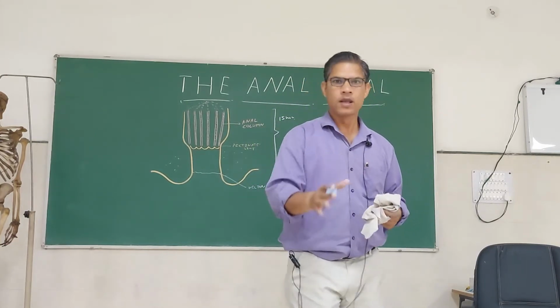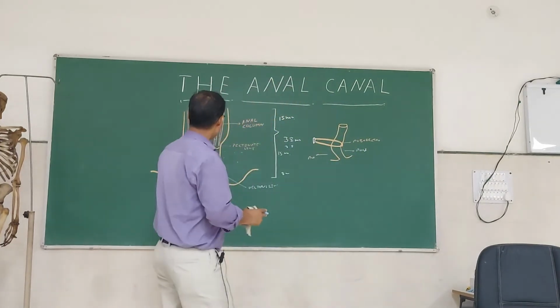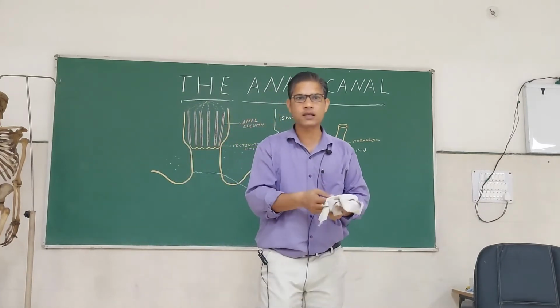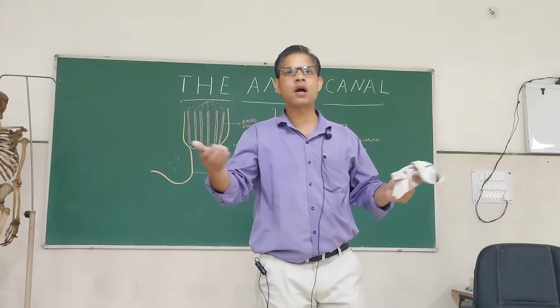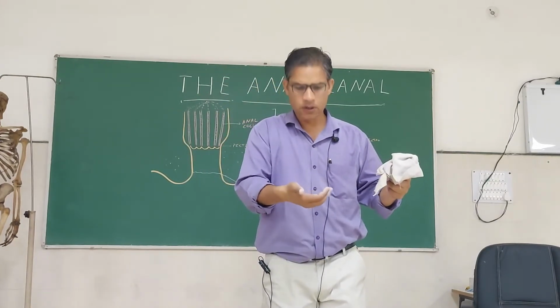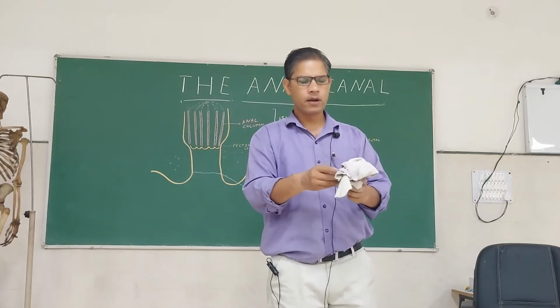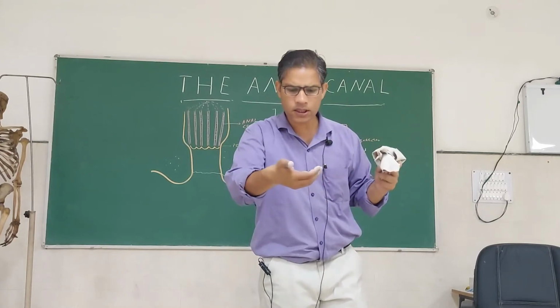But somehow these anal columns are not continuous. They are terminating here, and where they terminate, some kind of frilling type of cusp wall is present. You can imagine a curtain of a huge show. Where one column is ending, another column is ending, there is a continuity, this is a cusp.